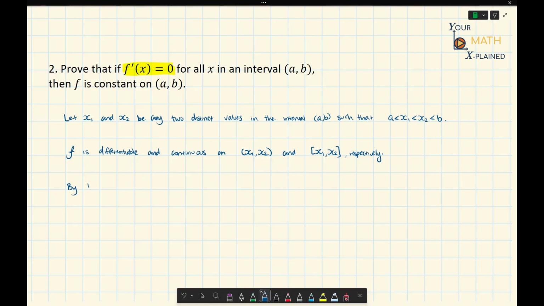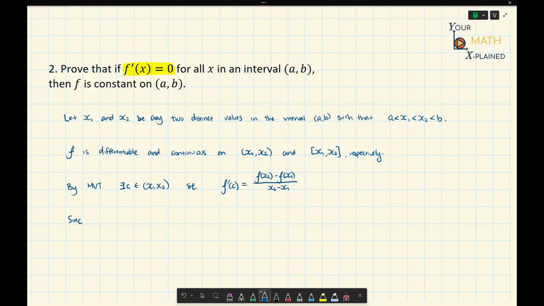So by the mean value theorem, there exists a number c that is in the interval x1, x2, such that f prime of c is equal to f of x2 minus f of x1 over x2 minus x1.